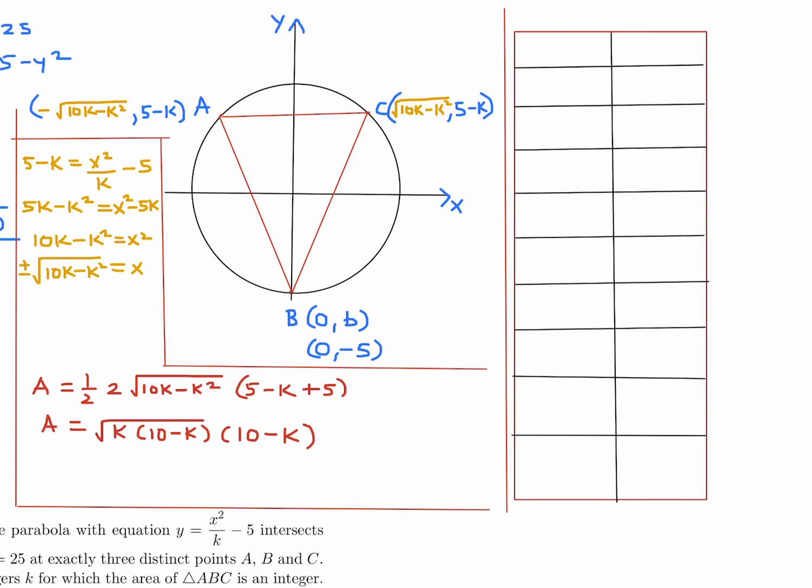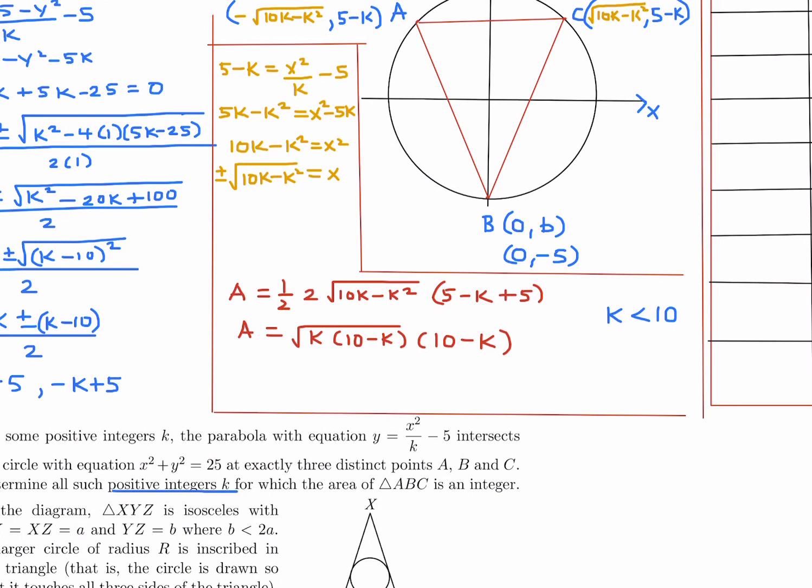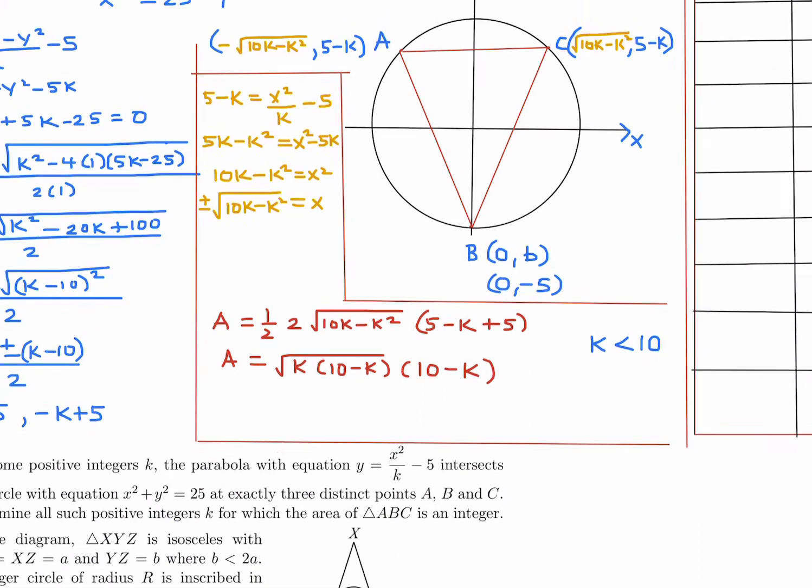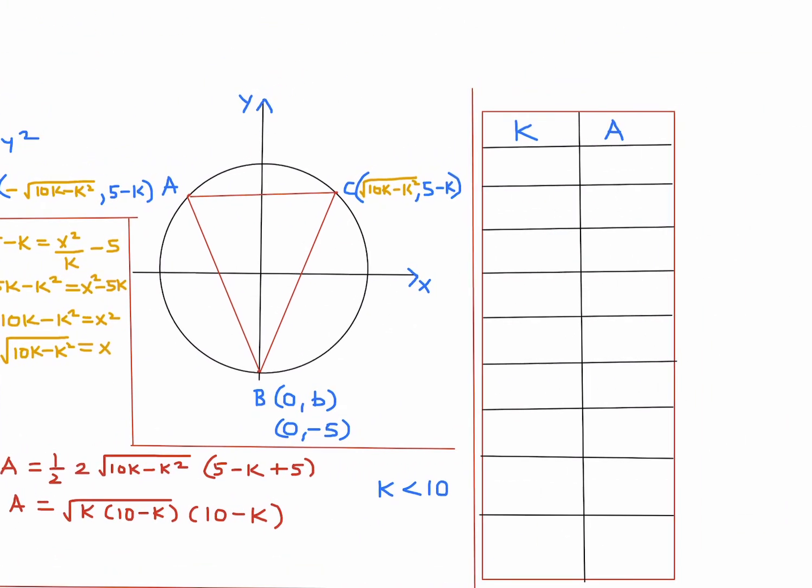Actually, what I really meant by that is that we can conclude that k is less than 10 because of this, right? Area is always positive, and the only way that's going to be positive is if k is less than 10. And they have told me that k is an integer, right? Positive integers k. So k is going to be an integer, but it's got to be less than 10. So that's what I really meant to say.